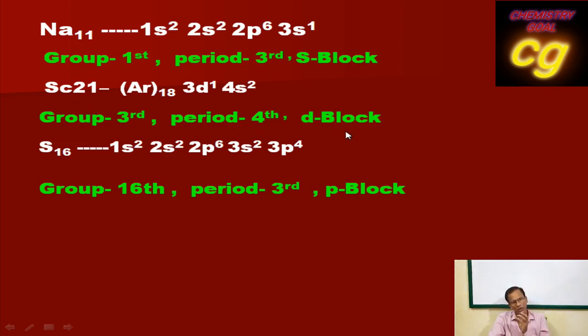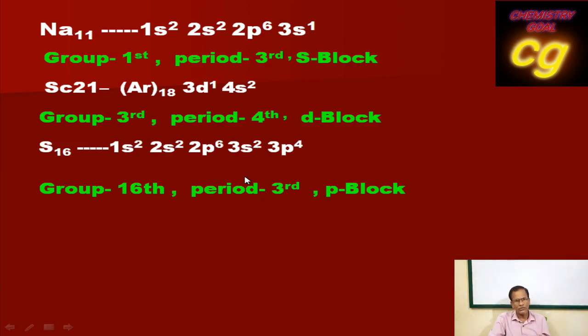As per our rule, for a P block element, as the last electron enters the P subshell, it is 10 plus the number of outermost electrons. The number of outermost electrons is 6, and you add 10, so 16. So the group is 16.